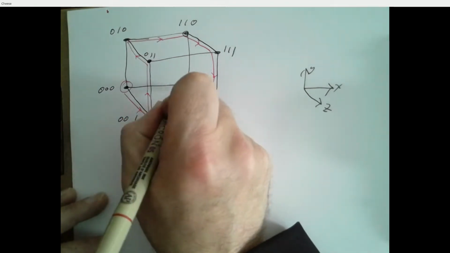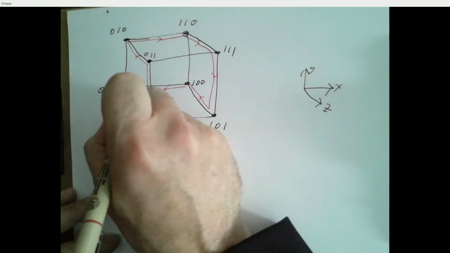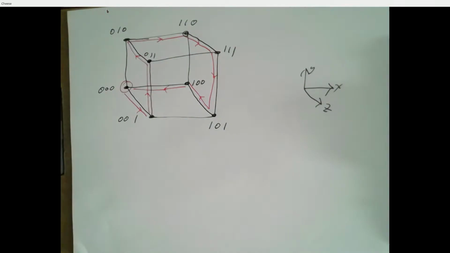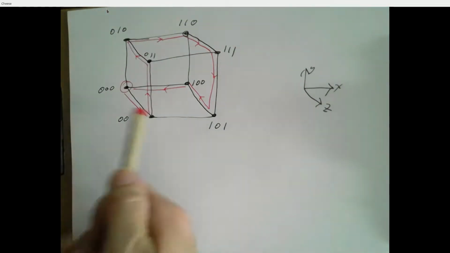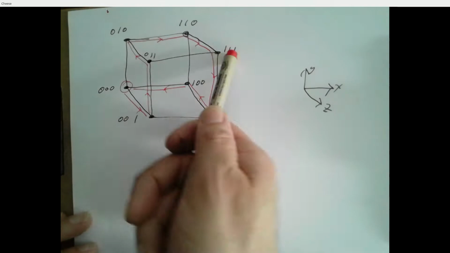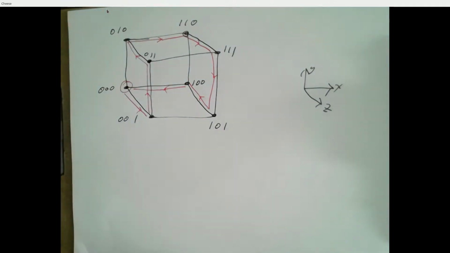There's a Hamilton path, and in fact I can make it a circuit. And so I've found a simple path that hits each vertex exactly once and comes back to the original vertex.